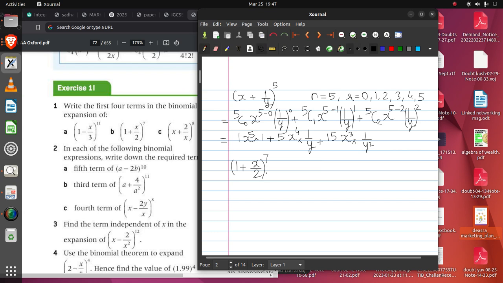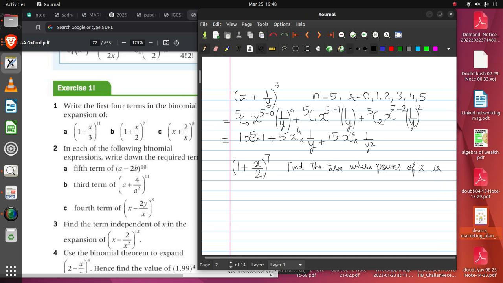Suppose the question is find the term where the power of x is 2. I want that. So the problem here is I know n, but I don't know r.